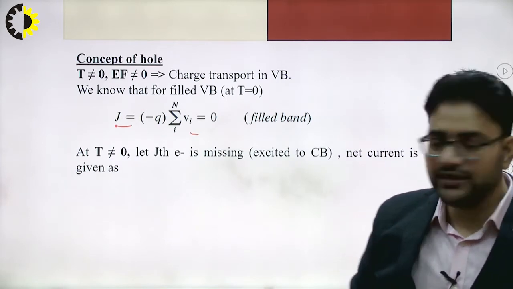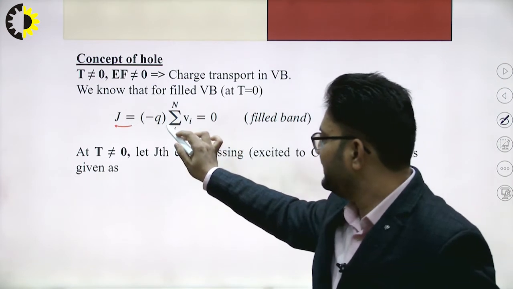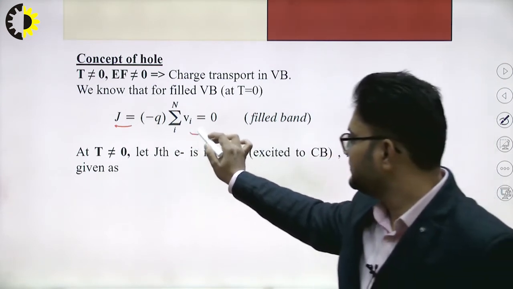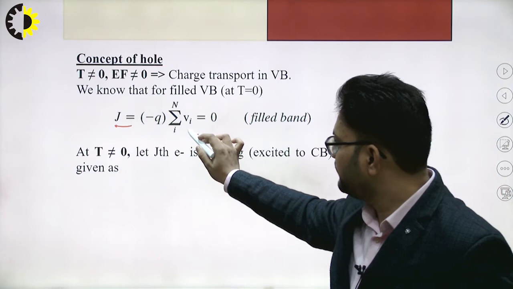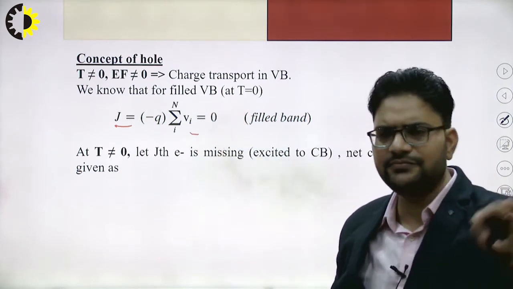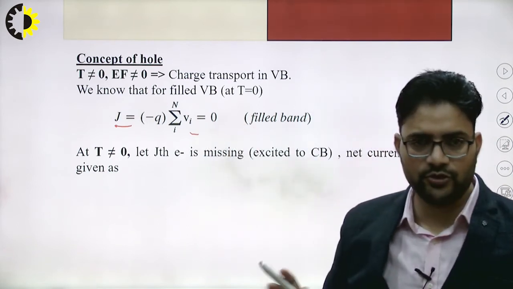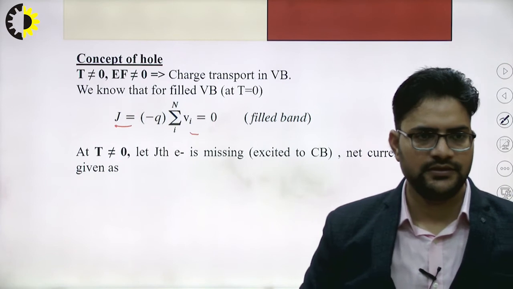Now, J is equal to minus Q multiplied by the sum of all the velocities Vi, where i goes from 1 to n, where n is any number.